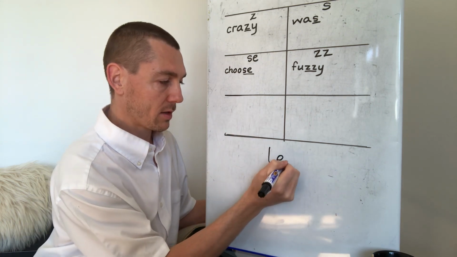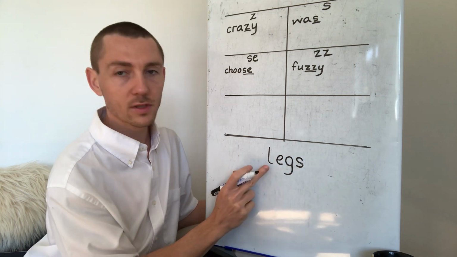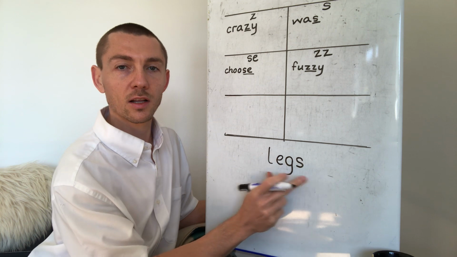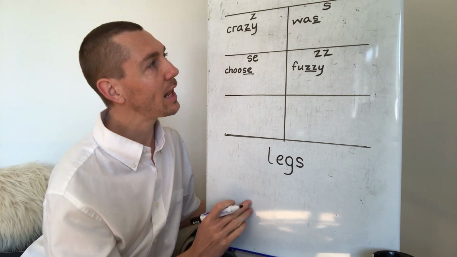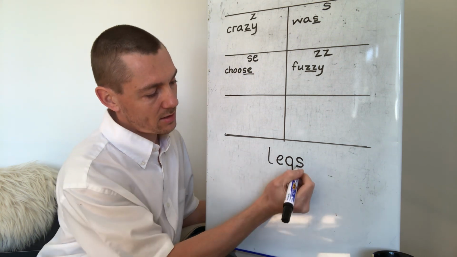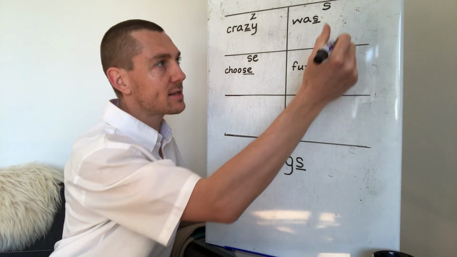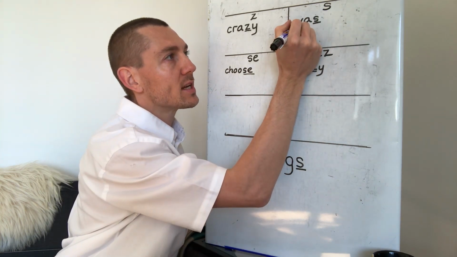Right. Next word is 1, 2, 3. Legs. Yeah, good work. The S spelling of Z in legs, and we build it into this section.